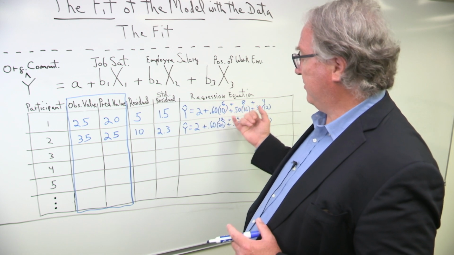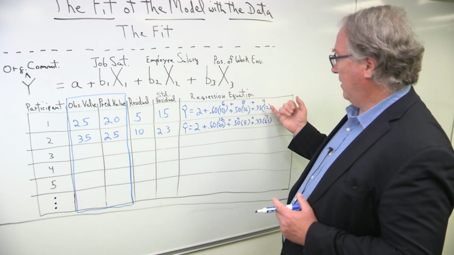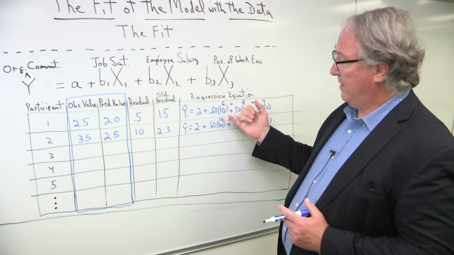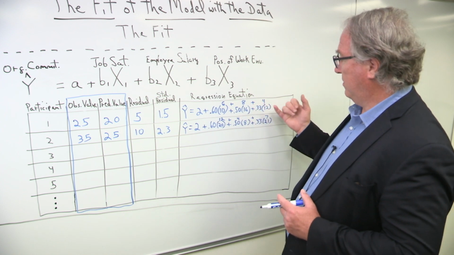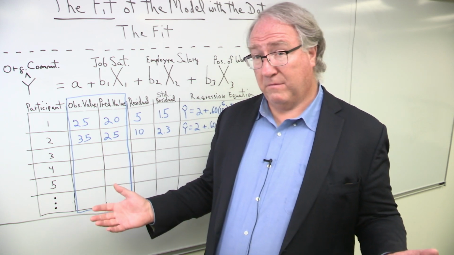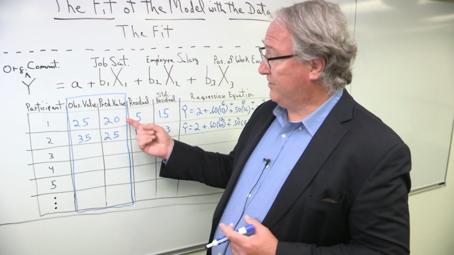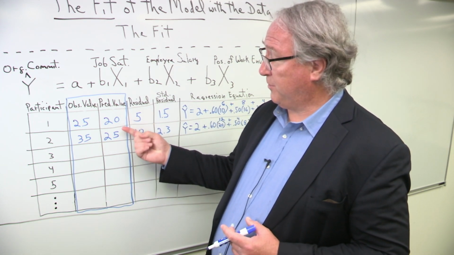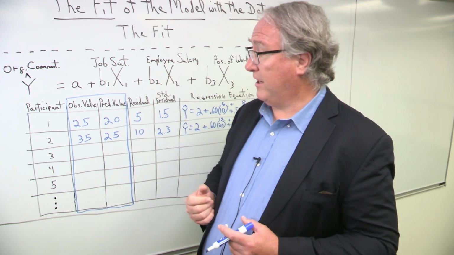So it's this variance across your participants in their scores on the predictive variable measures in the model that has given you the variance across your participants in the predicted values coming out of the model.